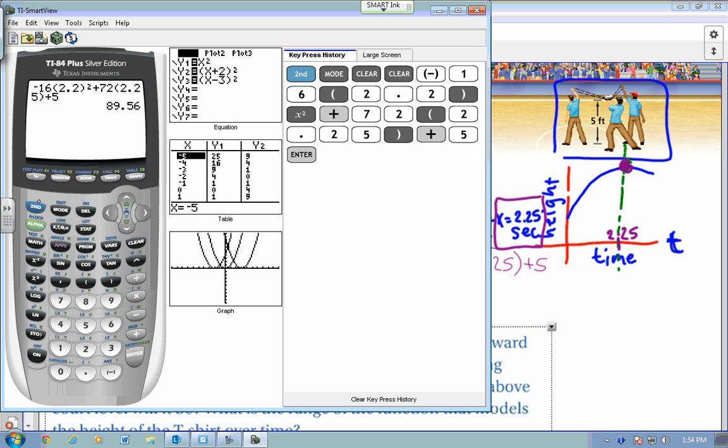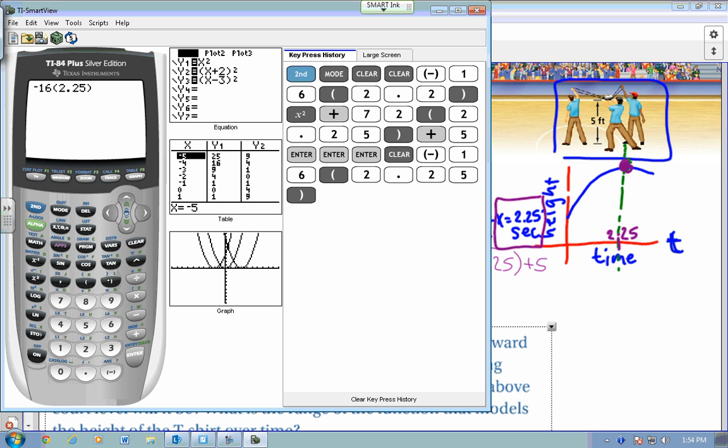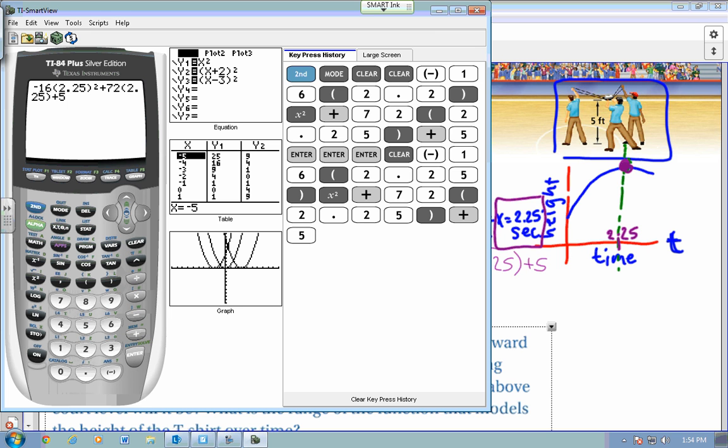Okay. Did you get the 5 this time? Squared plus 72 parenthesis 2.25, close the parenthesis, plus 5. That's okay this time. 86.